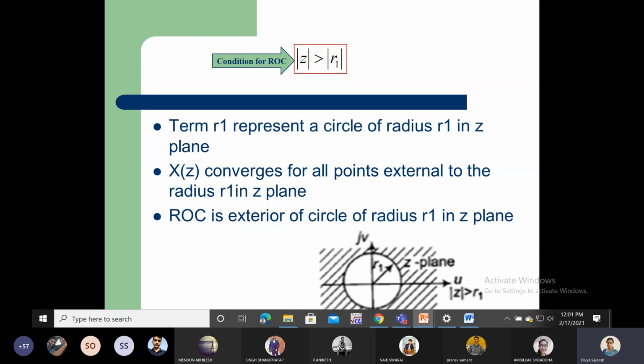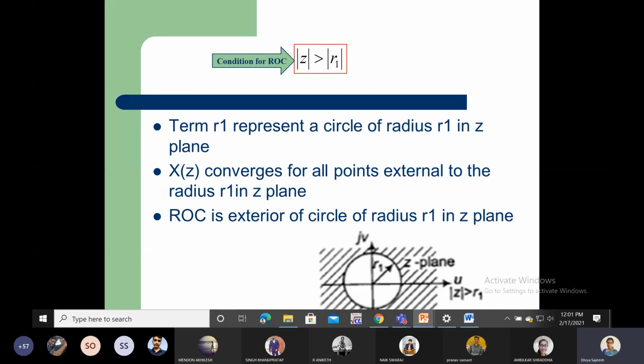So you also need to show it graphically if the derivation is asked for. Sometimes the derivation is asked for, to find the region of convergence and the Z transform of the signal. So there, at the end, you should graphically show it too, depicting the Z plane and the circle with radius R1, and mark the ROC with hatched lines.